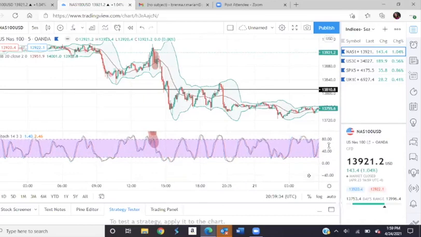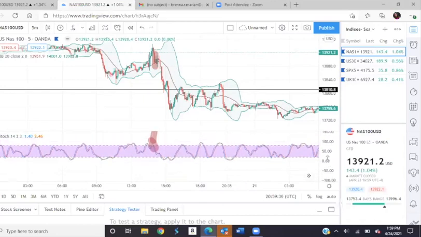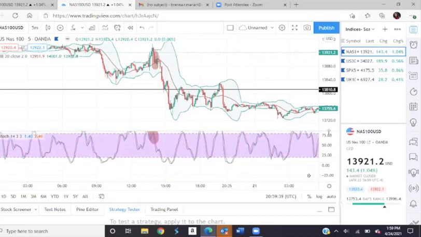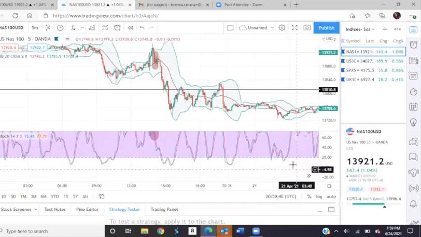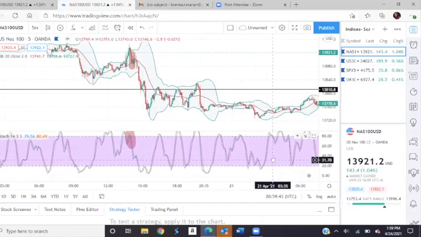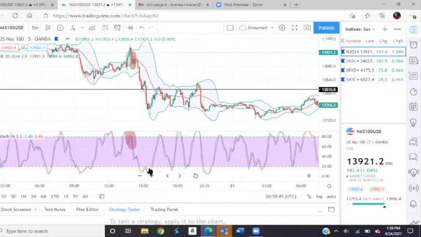Where's my 20? I lost it. There it is. When price is below the 20, that means the market is in oversold conditions on whatever time frame you're on.